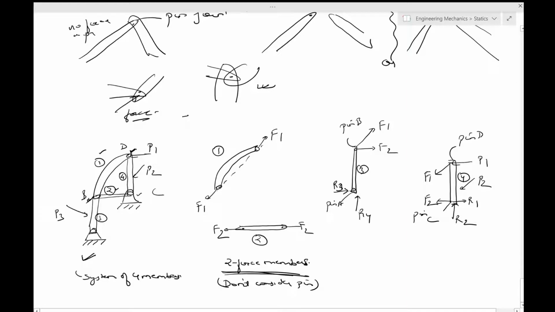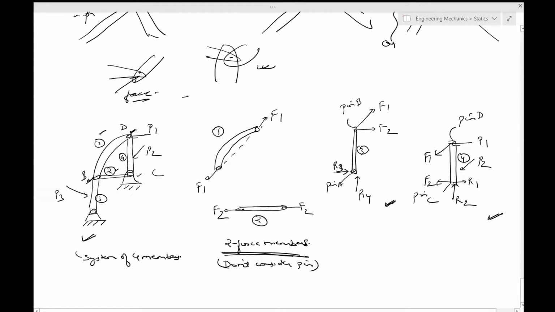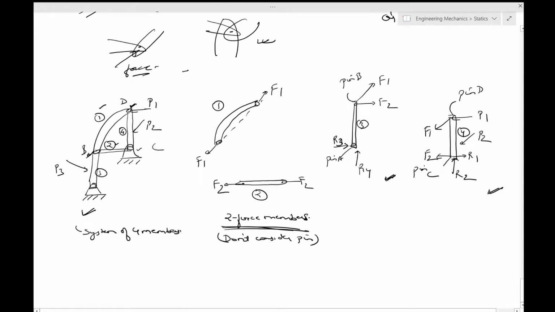Now if you don't consider them a part of this, then it becomes quite simple where to take the pins. So pin CD should form part of member 4, this one, and pins AB should be a part of member 3. So once you do this, draw the free body diagram, and then you can apply the equilibrium equations.